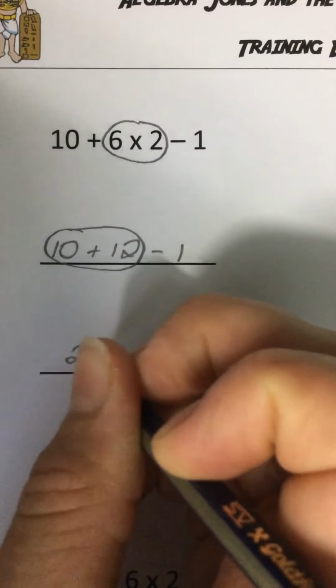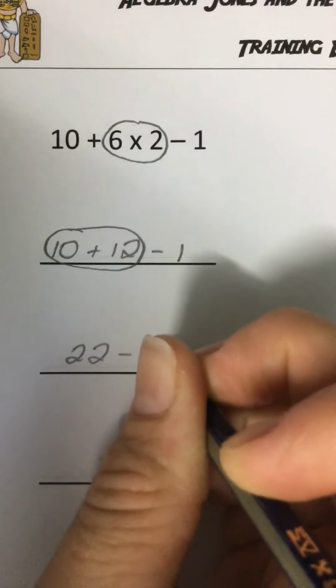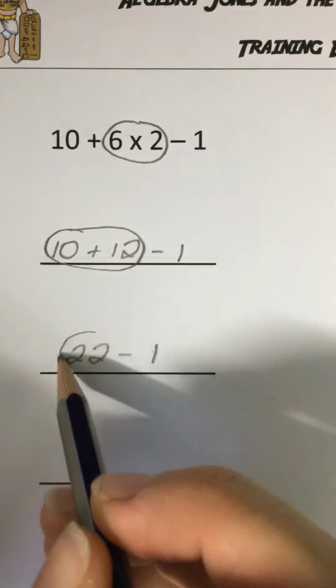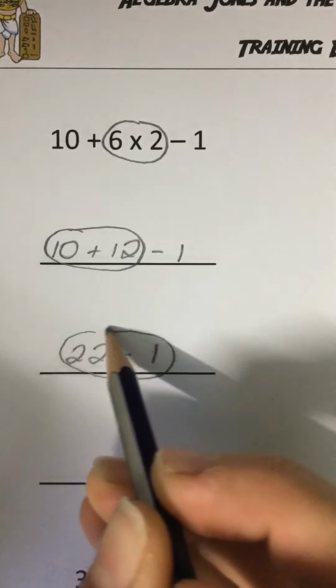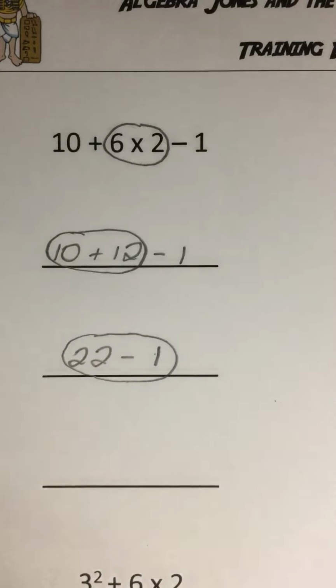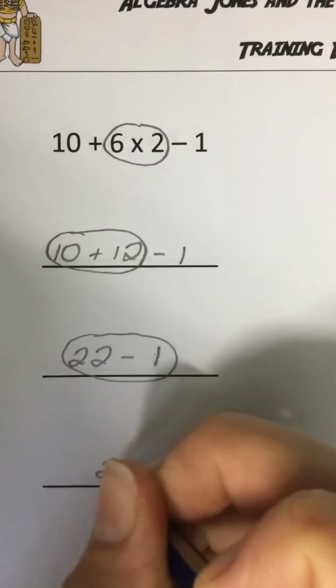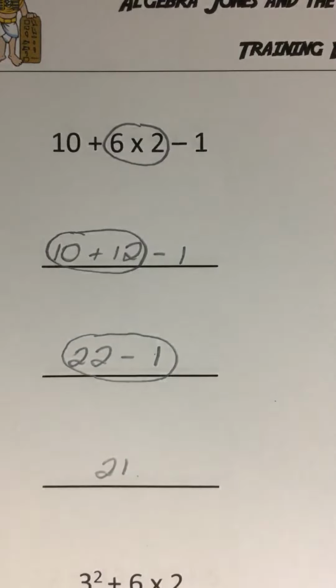So now we have 22 subtract 1. Now we only have one more operation to do to solve this equation. So 22 subtract 1 is 21. And there you have it.